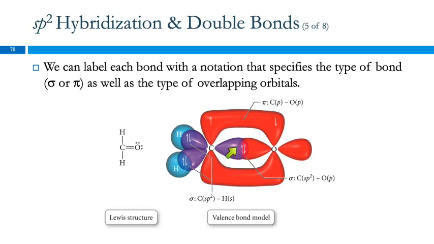So for this one, here in the middle, that's an end-to-end overlap, so that's sigma, colon, this is between carbon and oxygen, don't really care which one you put first, carbon and oxygen, and then in parentheses we say what orbital on the carbon is participating. Well, that's the sp2 hybrid, so sp2, and on the oxygen, it's just a regular p orbital.